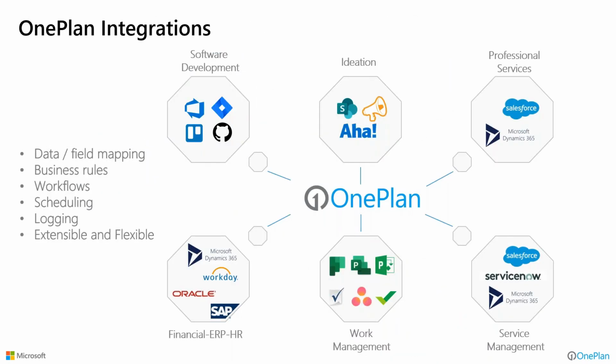Now, when I talk about integrations, we're not talking about custom code and one-off things that we're doing that are sometimes hard to support over time. We're talking about OnePlan having a connector platform and productized connectors for some of the more popular tools and solutions out there. You know, when I talk about Azure DevOps or Jira, we have pre-built connectors for that you just connect into your implementation. We have pre-built connectors for financial ERP and HR systems that are popular that you see down there.